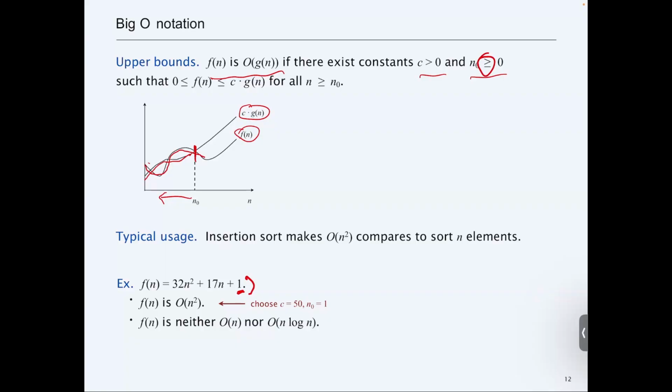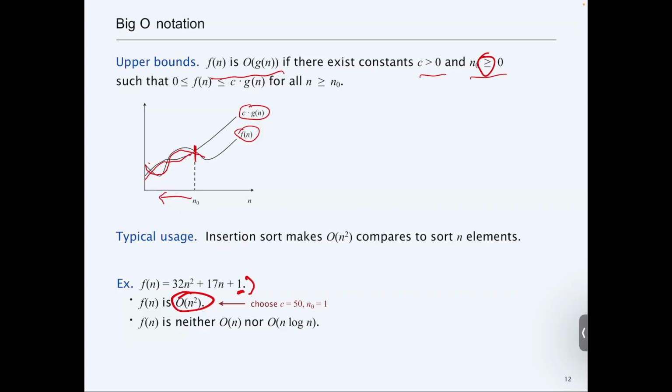All you're doing is just adding 1. The 17n term also becomes relatively small with respect to the 32n squared. The 17n is important, but it's not that important. So the 32n squared is the term that dominates everything. And so we say that f of n is big O of n squared.